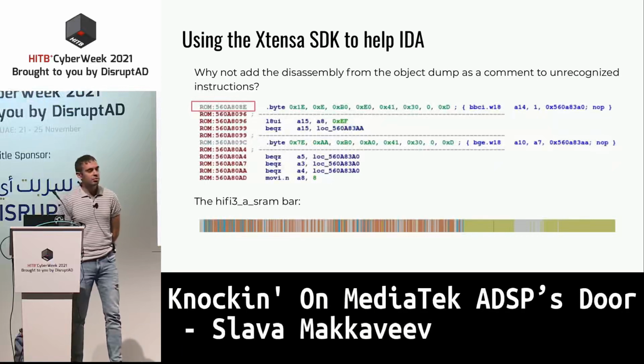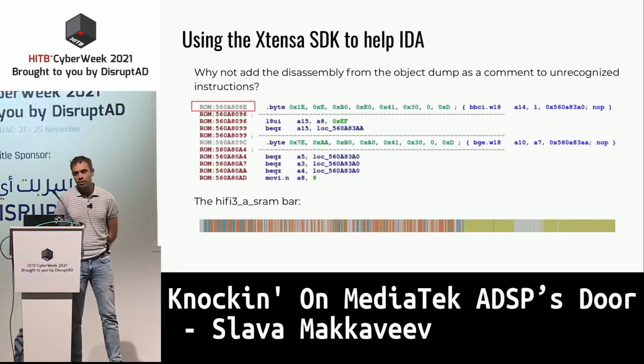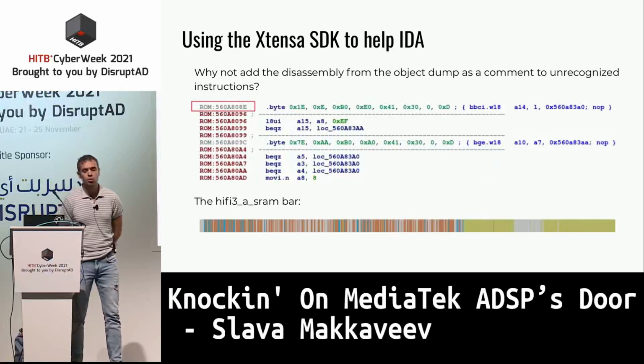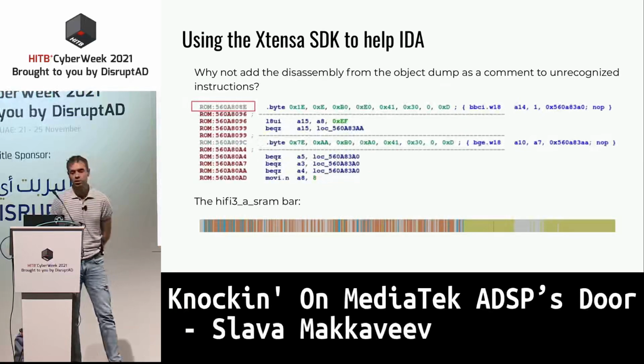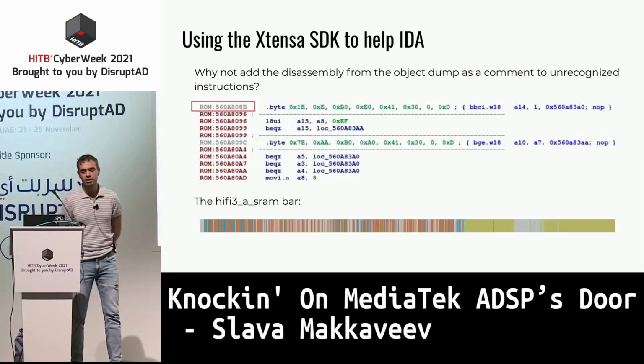And the simplest solution is to use objdump to add disassembled code as a comment for all unrecognized instructions. So on this slide you can see what the disassembled code and the IDA navigation bar look like after applying the dump. And so almost all code chunks were recognized.